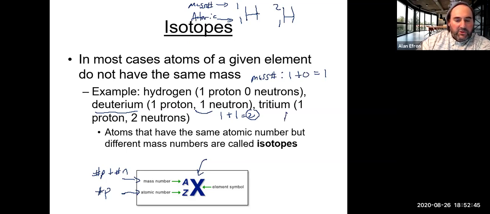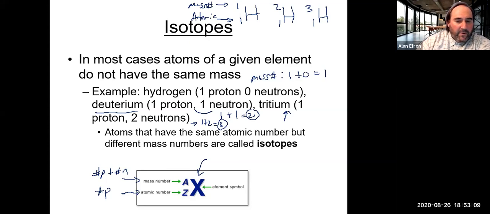Now, when we get to tritium, although not spelled out, it's hydrogen. It has 1 proton, which means when you go to the periodic table, it's still going to be H for our symbol. Still going to have an atomic number of 1 on the bottom. And now our mass number is 1 plus 2, which equals 3, which would go on top.